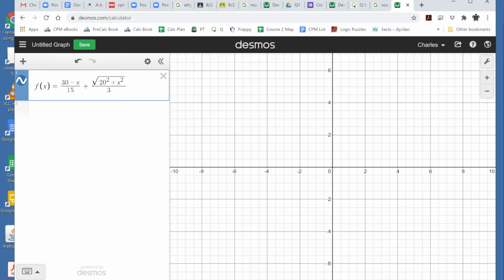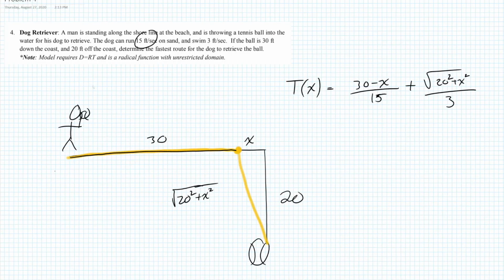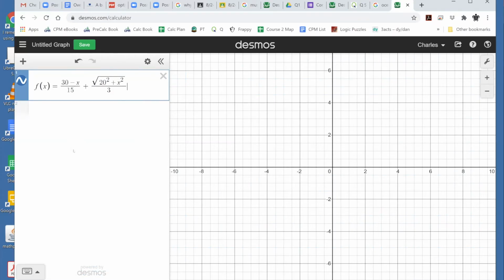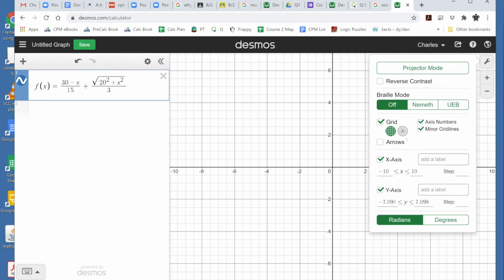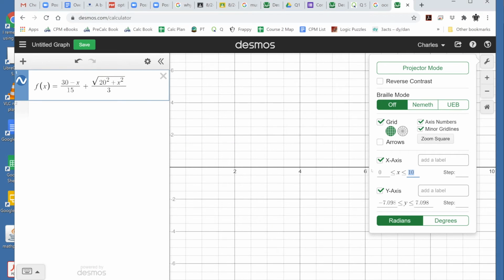This is where it's going to be helpful to figure out what the reasonable physical constraints are on the x value. The x is a number that represents how far the dog runs down the beach, and the beach is 30 feet. So the shortest distance that x could really be is 0, and the longest it could be is 30.